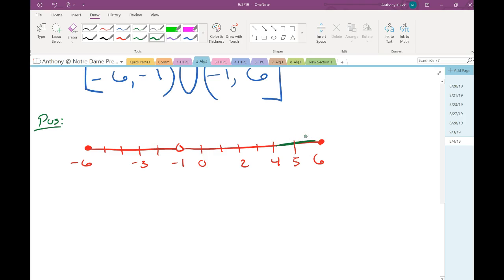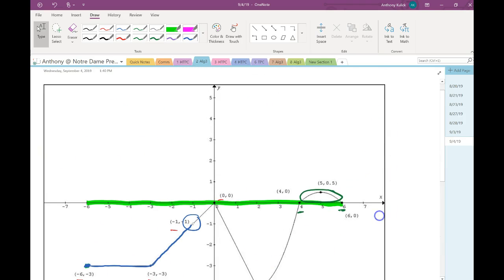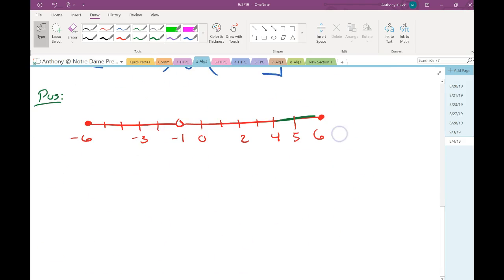Now the endpoints at 4 and 6, are those points above the x-axis if I look? No. So I'm going to draw those with an open circle. And that's the only part of my graph above the x-axis, correct? So my interval is just 4 to 6, with parentheses because I drew open circles at the ends.